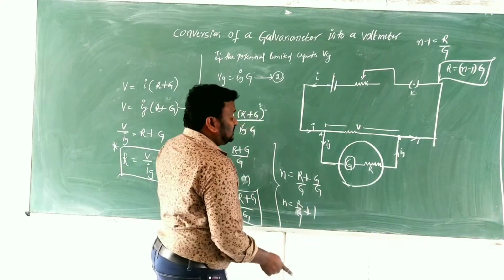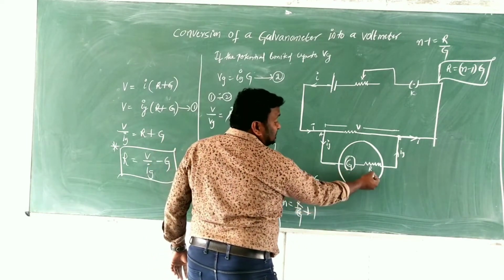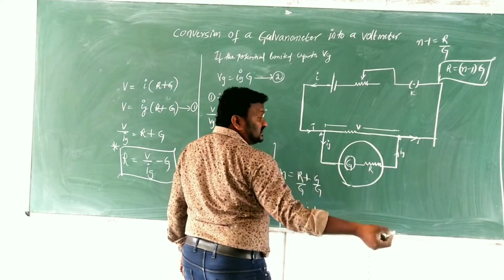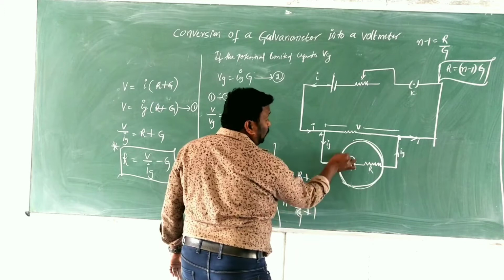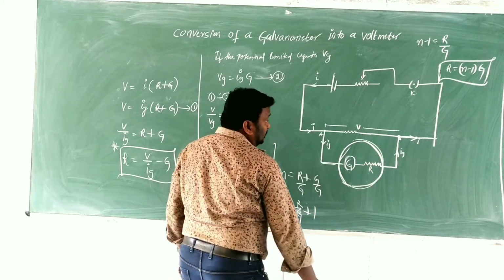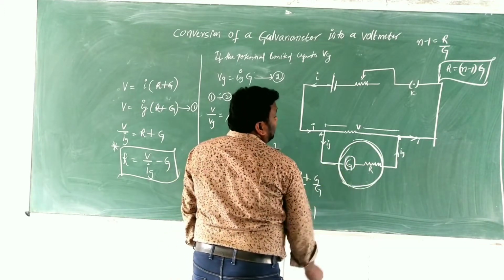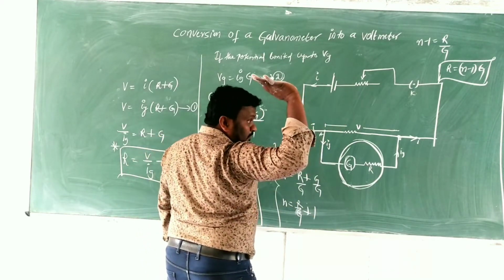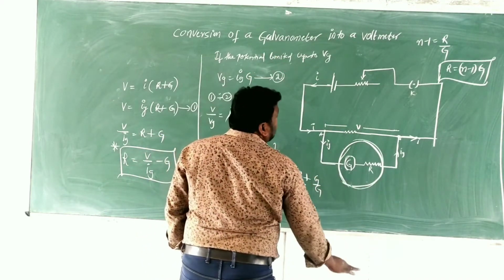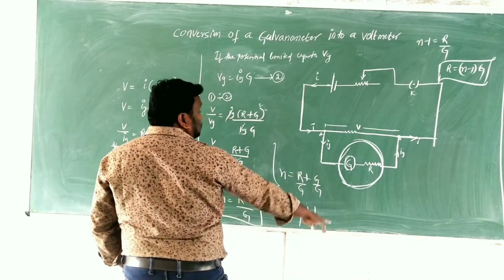Look here, this is the galvanometer resistance G and this is the value we have taken, that is R. Now these two are in series. Now this can be taken as a voltmeter. Clear? So this voltmeter should be in parallel with the other components, as shown in the figure. After that, we want to find this R value.